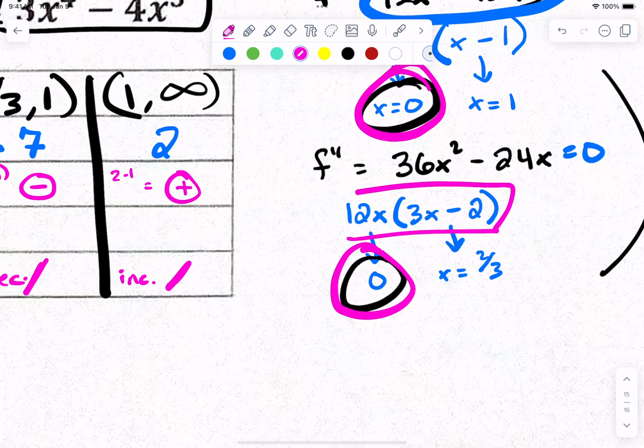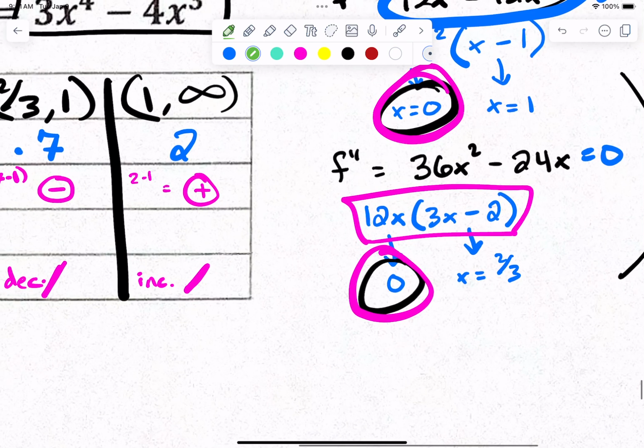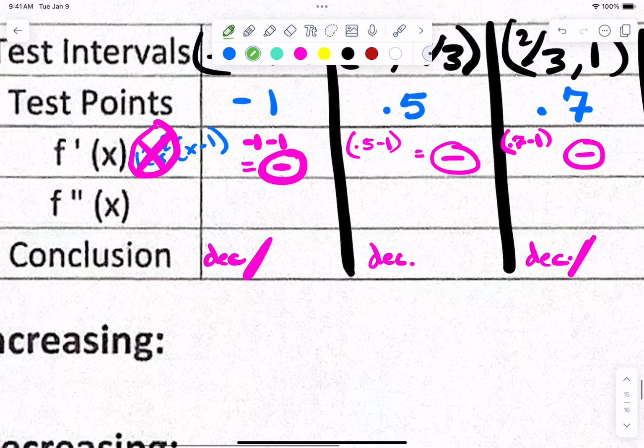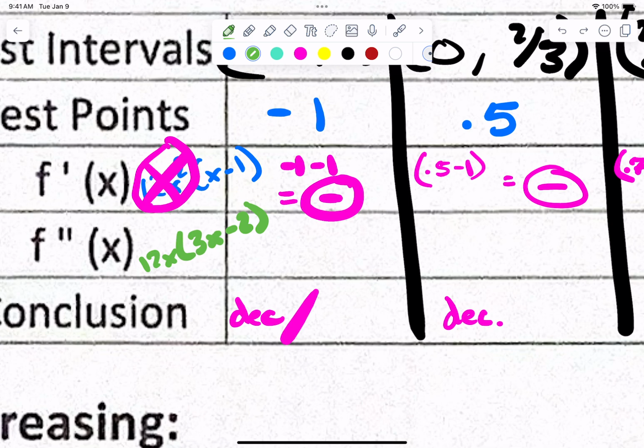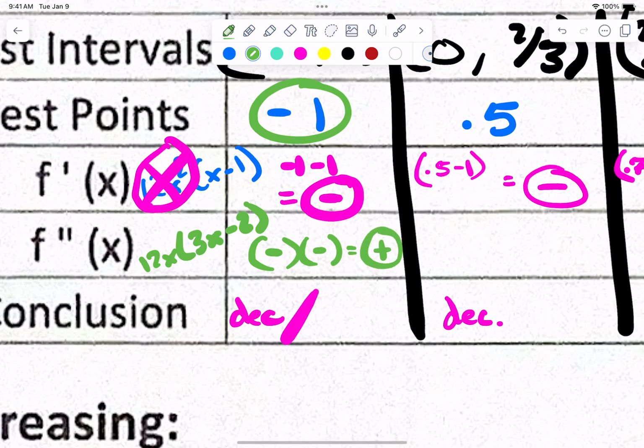Okay, second derivative broken down is 12x times 3x minus 2. Now I can't just get rid of the 12x because that won't always be positive, true? So if I take 12 times negative 1, that's going to be negative. If I take 3 times negative 1 minus 2, negative, so the whole thing is positive, which means he is concave up.